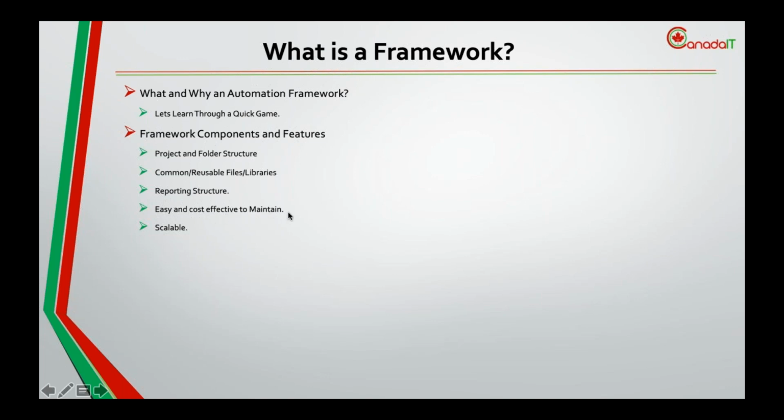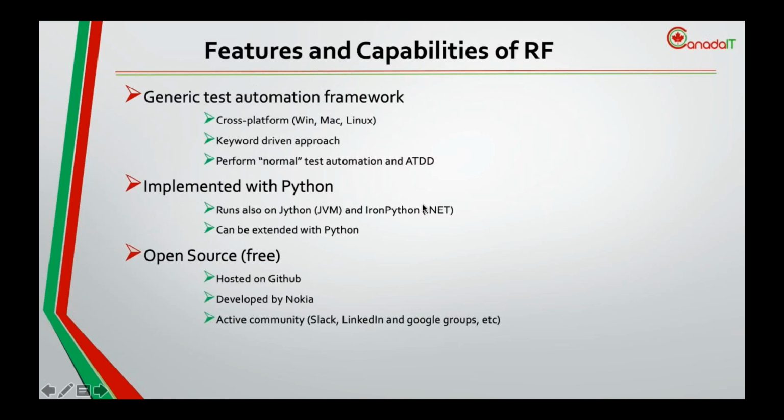If something changed and some maintenance has to be done in your application, in your scripts, then it should be cost effective. It should be scalable enough. So if there are new components that you want to add to your framework, and new functionality, new enhancements to your application, your framework should be capable enough to take care of all of those requirements. So these are small features and components of a framework, that is why we need a framework.